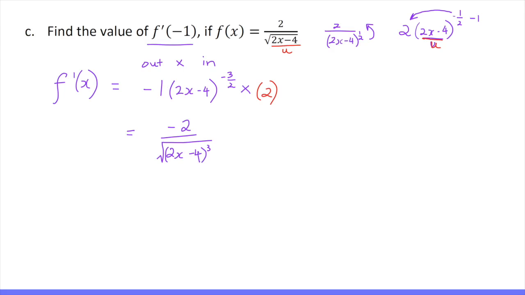Now all I need to do is find out what the value is when x is -1. So wherever I see an x, I'm going to substitute in -1.